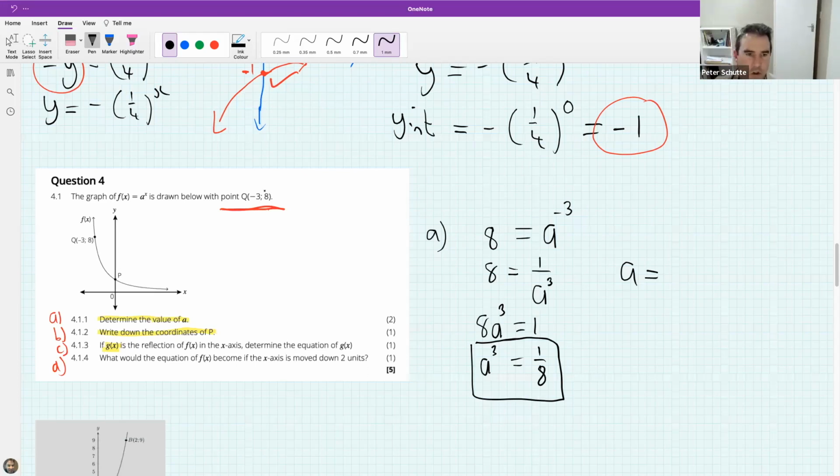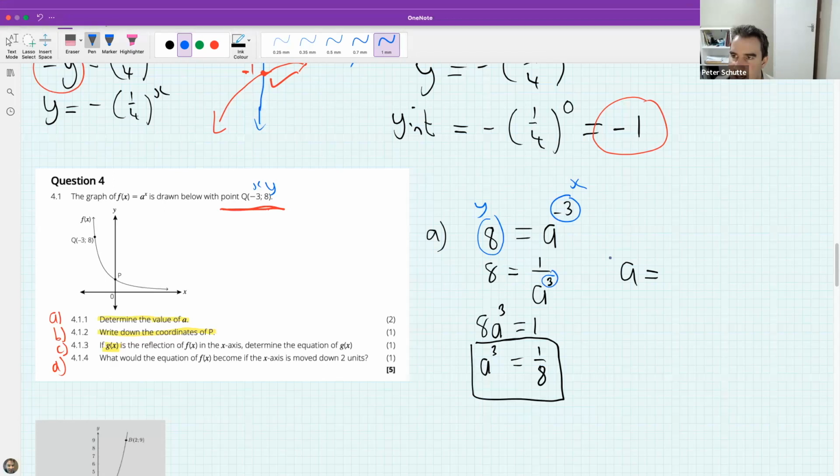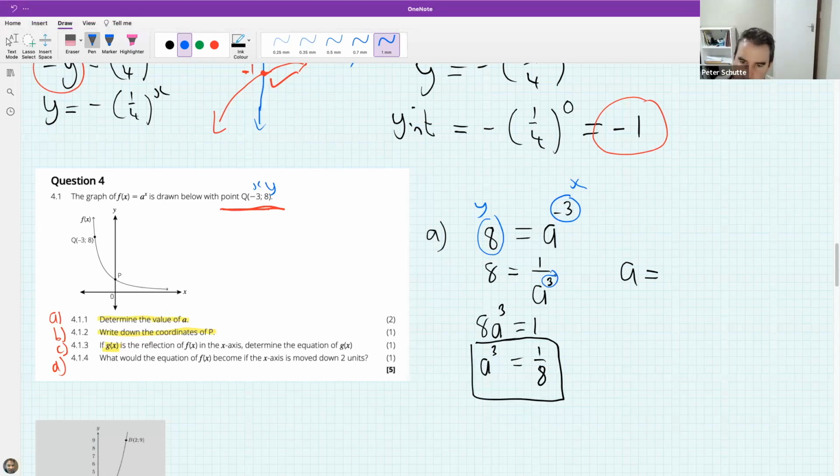So think about it. This was a little bit of a rush now, but that's Y and that's X. There's my X and there's my Y. And then the problem is I had a negative power. So to get a positive power, I brought it below the line. And then I had to move across. And then I moved the 8. So I get that.